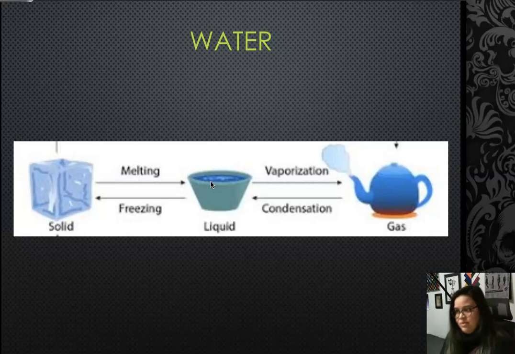We put it in the microwave, we leave it out in the hot room, we put it in the windowsill, or we put it on the stove. That's how we can melt water to get it from its solid state to its liquid state. And those are going to be the phase changes we are looking at. We're also going to be looking at how to go from a liquid to a gas, which also requires adding heat energy. And then going backwards, we're going to look at is exactly the opposite.